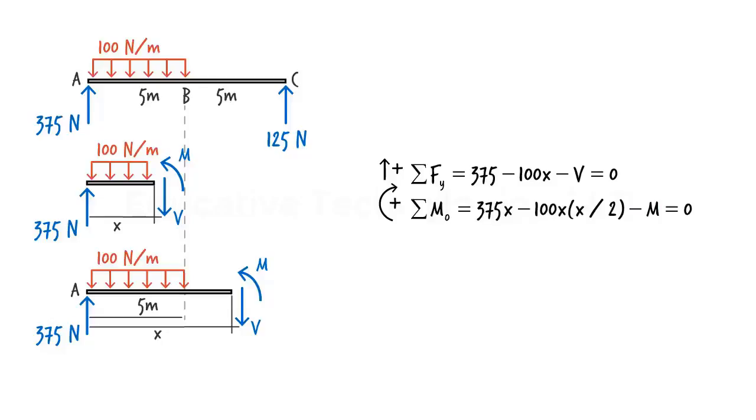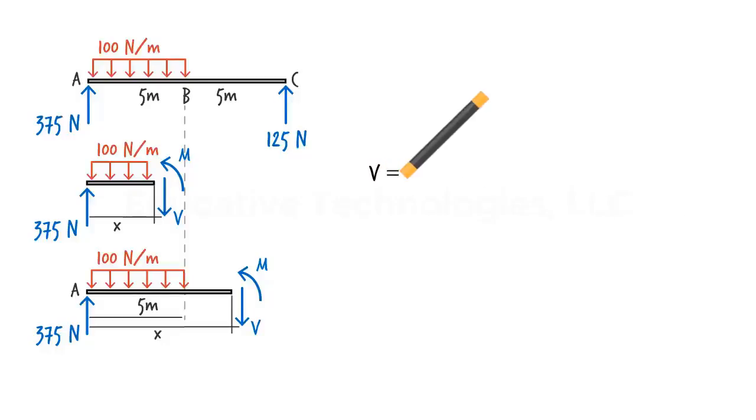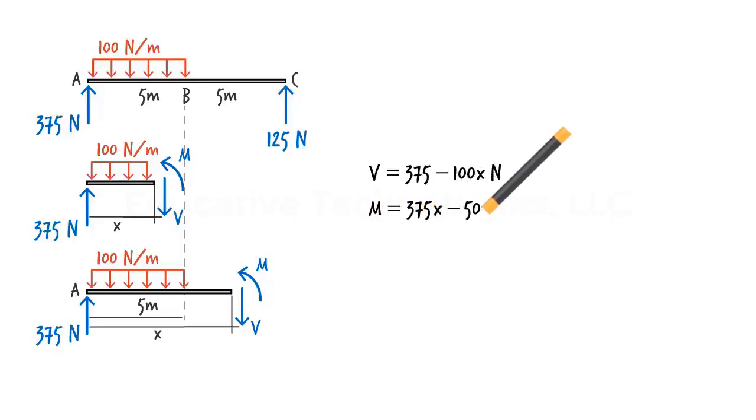Now solve the first equation for V and the second equation for M. So, V equals 375 minus 100x, and M equals 375x minus 50 times x squared. Both equations are valid for x between 0 and 5.